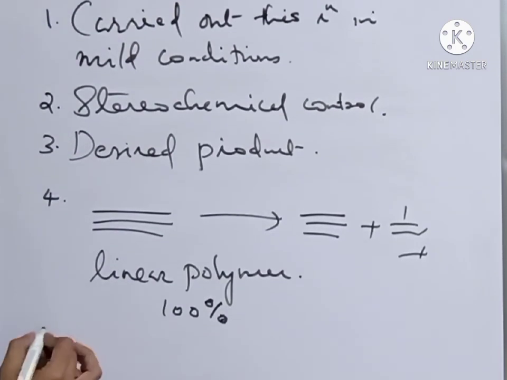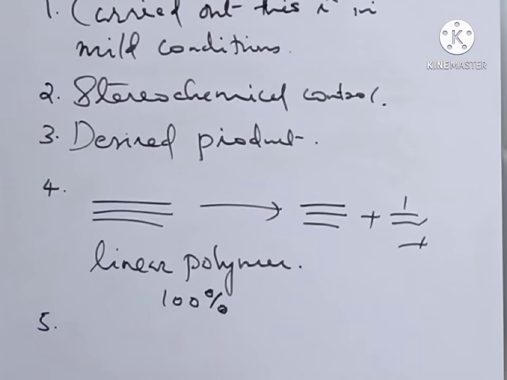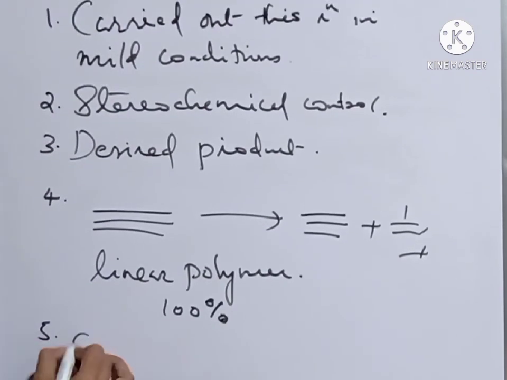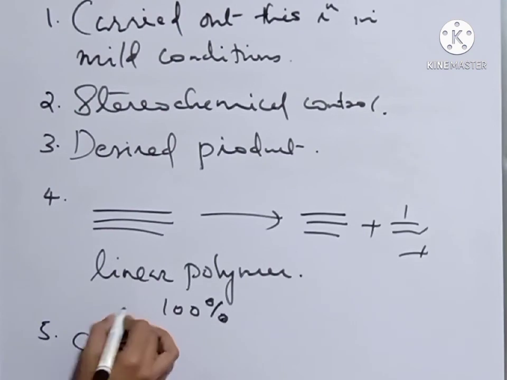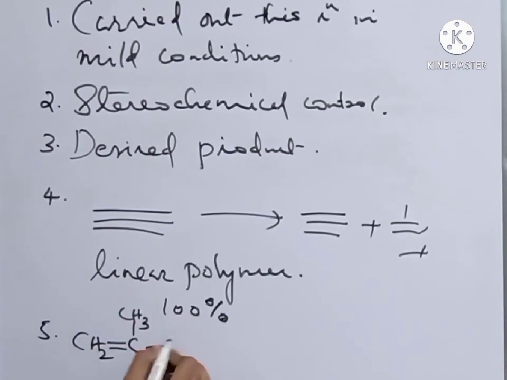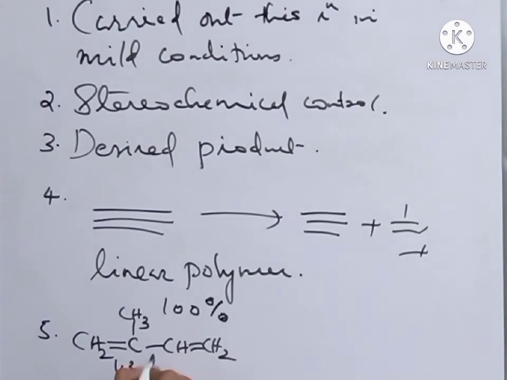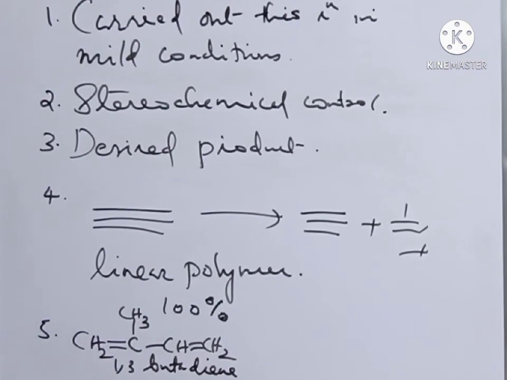For example, if you want to prepare polyisoprene units, this isoprene unit is this. This is the monomer of natural rubber, CH2 1,3-butadiene, or isoprene units.